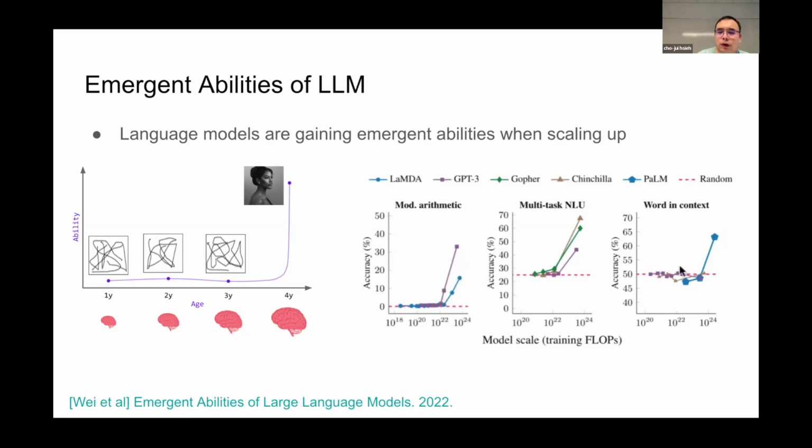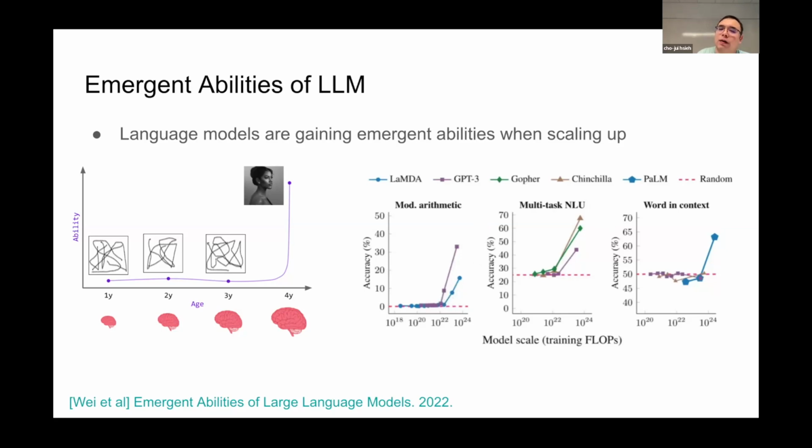In the right figure, the horizontal axis is the parameter size and the y-axis is the accuracy. When you're in the smaller model region, it's improving but not so significantly. But as long as your model is larger than some threshold, it starts to blow up. The performance starts to increase drastically, like what you see here.